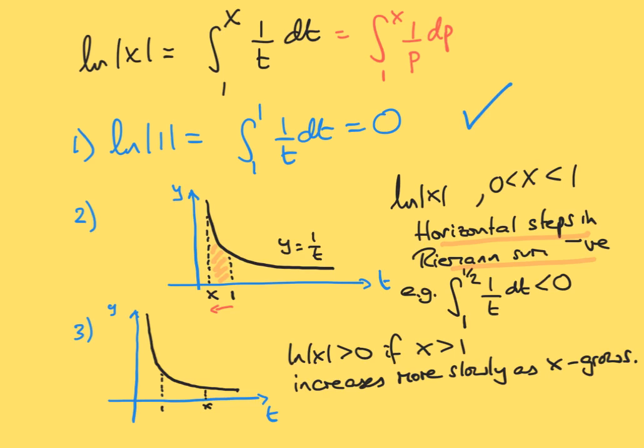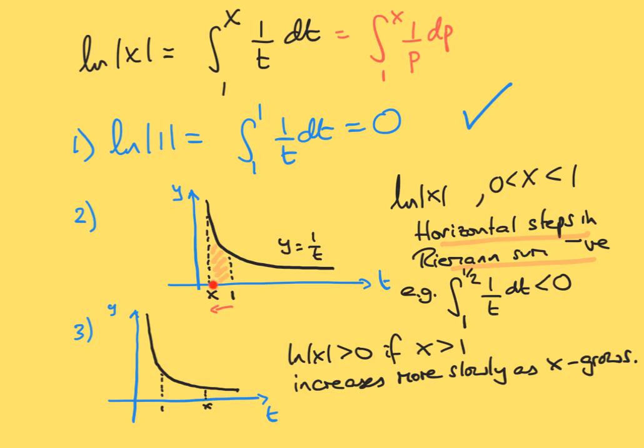And that's because of the direction of integration. If we were integrating from x to 1, it would be exactly that area. So in this way, you can see that the logarithm of any variable x that is less than 1 and greater than 0, because it's going to diverge as t approaches 0, that logarithm will be negative.